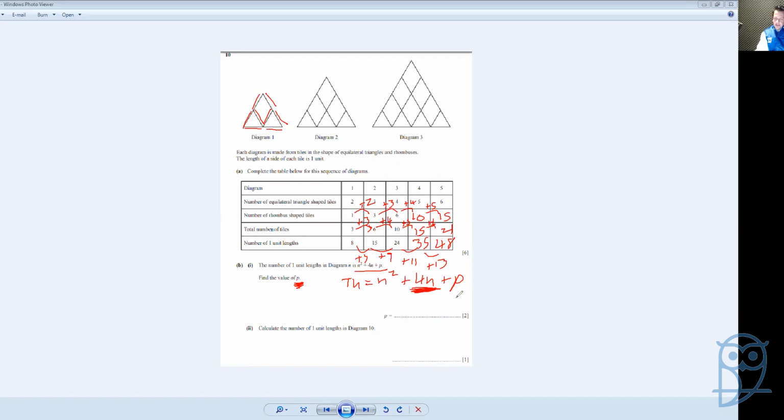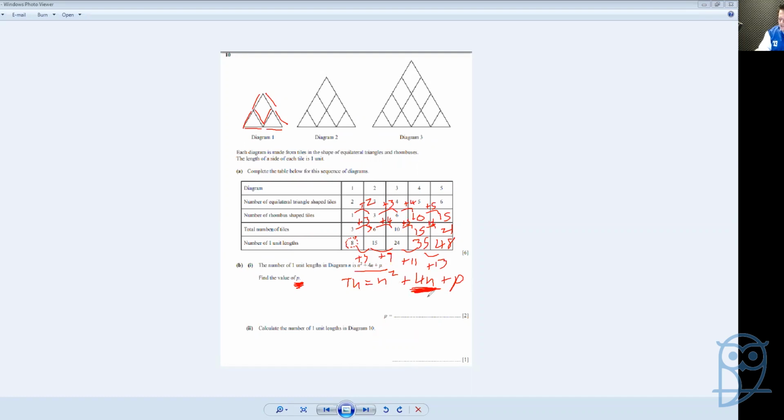So p we need to replace with an actual numerical value. How are we going to do this? Well, there's a couple options, but most likely we can take the easiest one, which is taking the very first value and substituting it in.